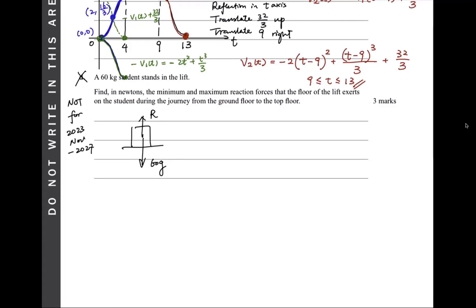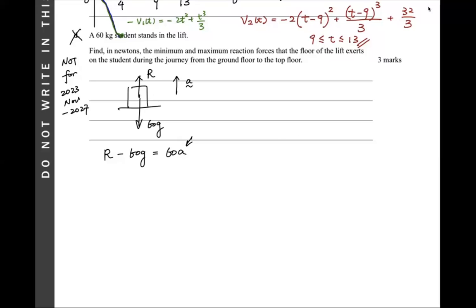Anyway, let's have a look at this case further. So basically, this a is changing with time. If I want this reaction to be maximized, I need to make sure this is maximized, okay?